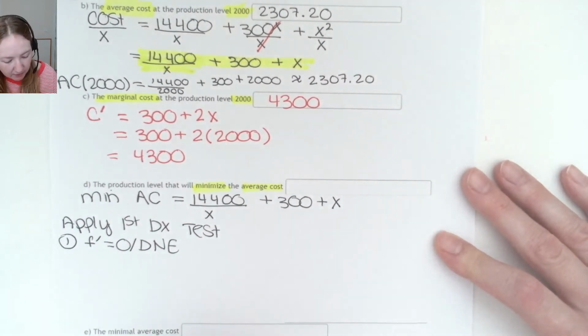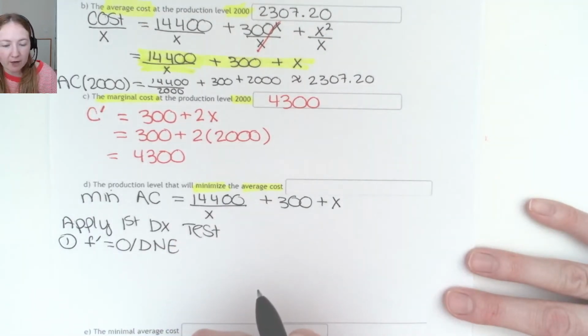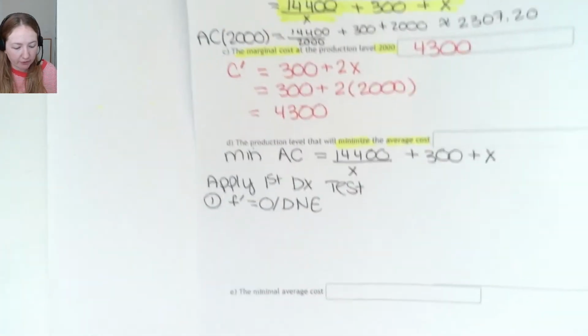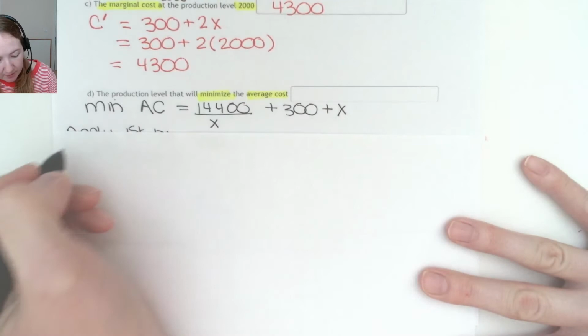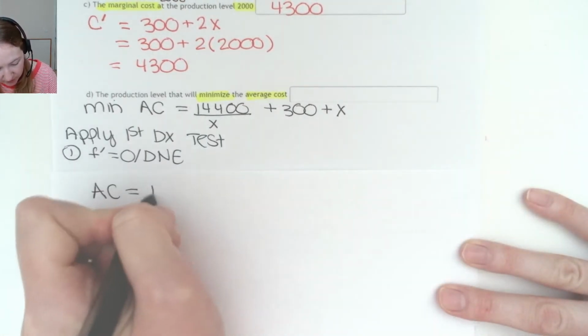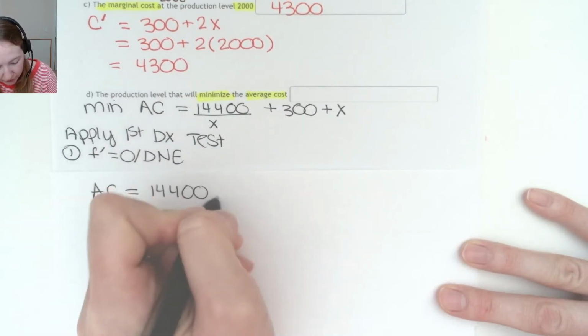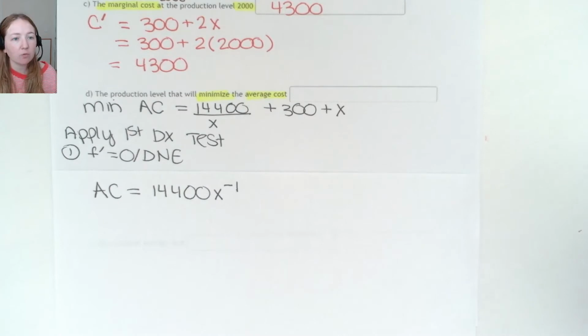What that's going to give us is we need to simplify this first fraction, and what I'm going to do is write it over here so it's not so scrunched up. I'm applying the first derivative test. My average cost function is 14,400 x to the -1, plus 300 and then plus x. The reason I'm using the -1 is because I want to take the derivative.